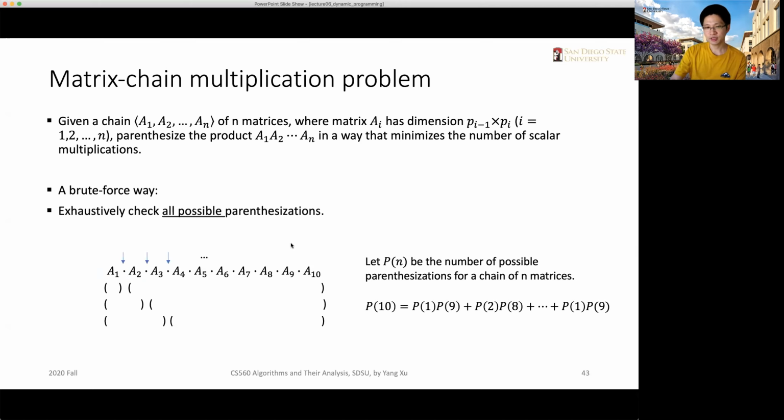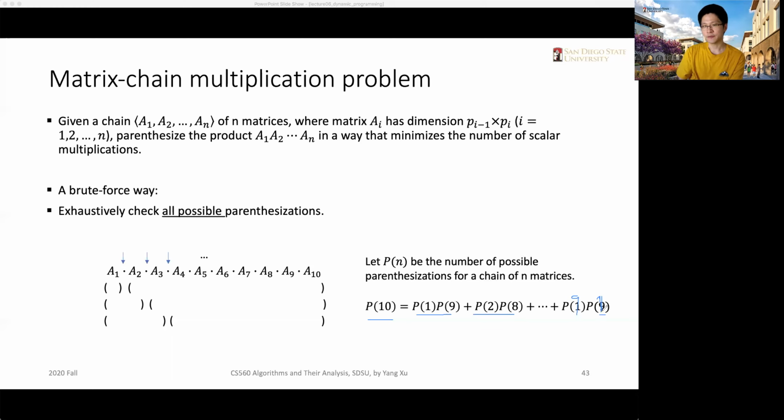We can use a recursive definition to express the solution. Because the last layer has 9 possible positions, the solution to P10 is P1 times P9 plus P2 times P8 plus P3 times P7, and so on, until P9 times P1. Actually, if I switch the order, it will be easier to understand.